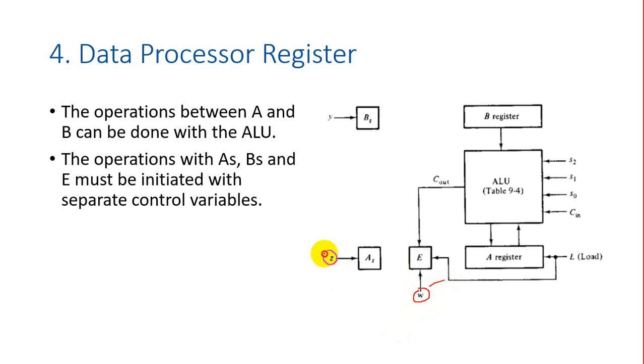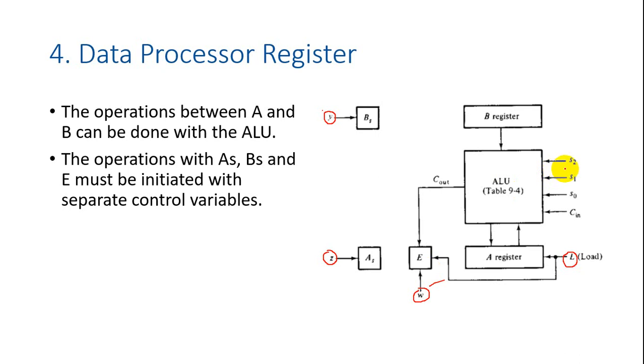Z control signal will be used to set or reset this sign bit. Y control signal will be used to set or reset the sign bit of B. Okay, and this is another control signal we need, load. This signal will be used to load the result in the A register, or load the word A in the A register. Also, it will load the overflow bit.